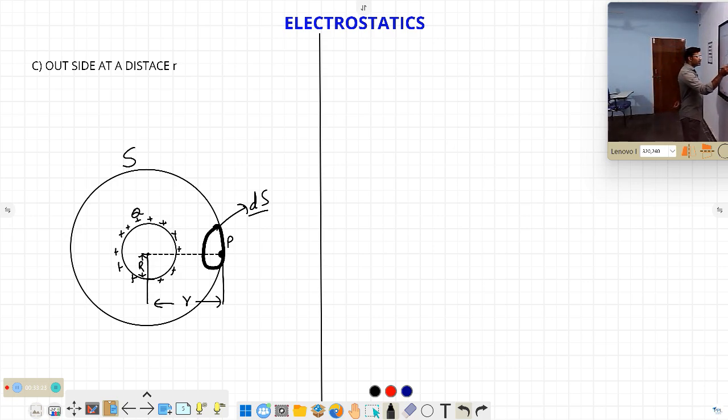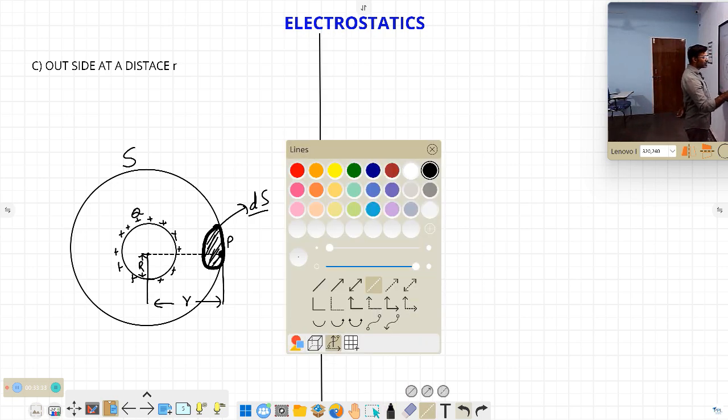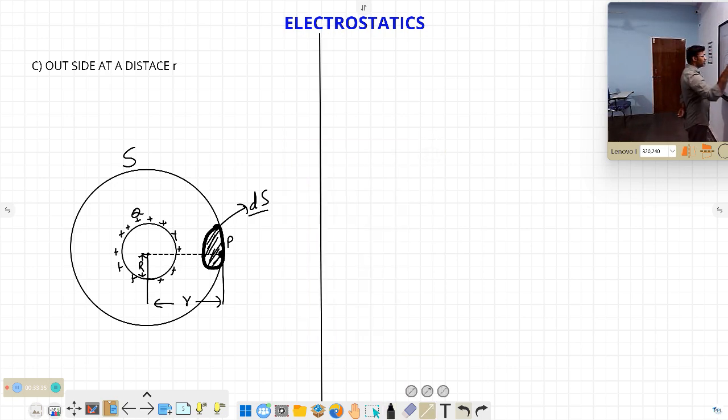Electric field always exists normal to the surface for any charged body. In this case also, through this small surface area, the electric field will be parallel and outwards like this. This is the direction of the electric field.